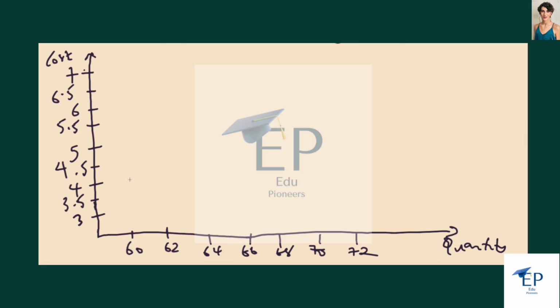So from that we can draw the graph, and it's going to be here. The first one is going to be on 4 and 60. The second point is going to be on 72 and 4.5. Then the next one is going to be right here, and the next one is going to be right here. So we're going to be connecting the dots together just like this.